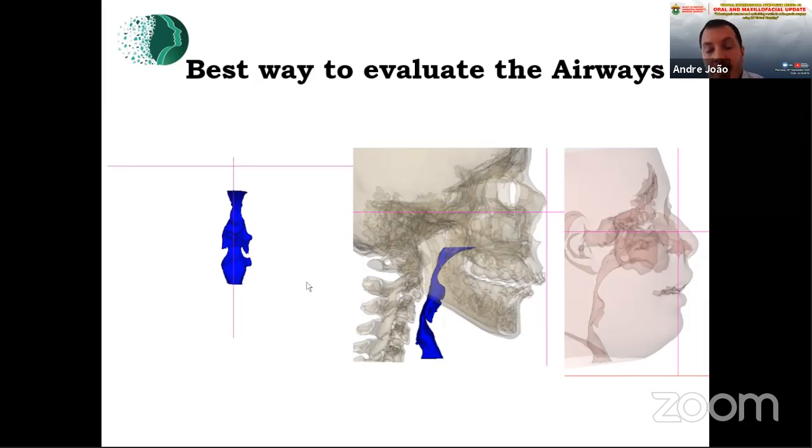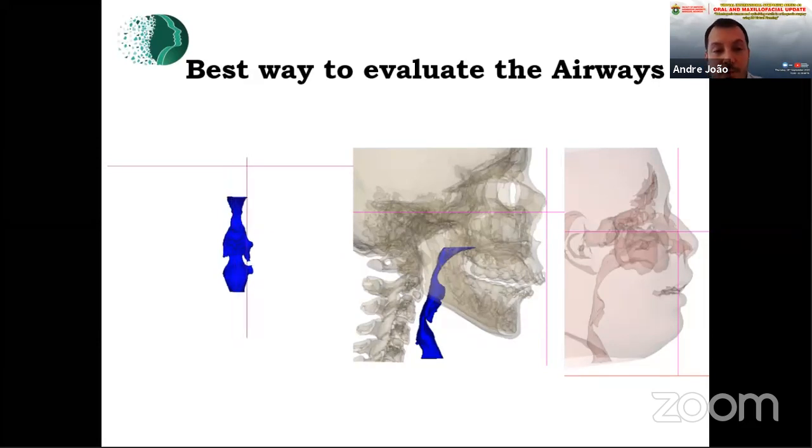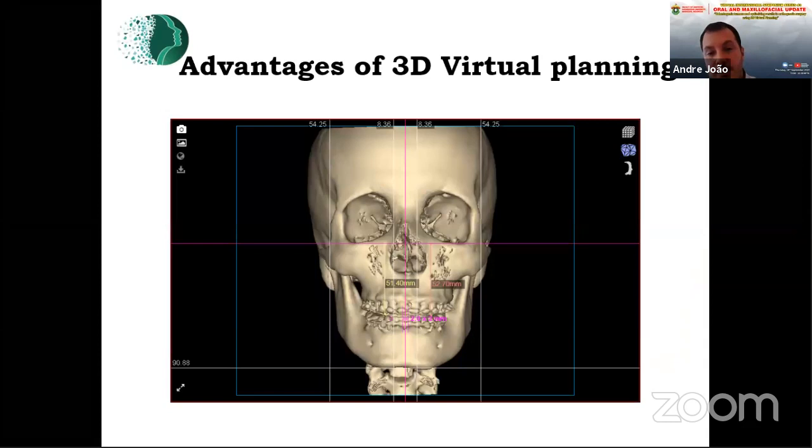So this 3D planning also helped us to better analyze the airways, and we can take more precise measures. We can measure patients in terms of hundredths of centimeters or millimeters.